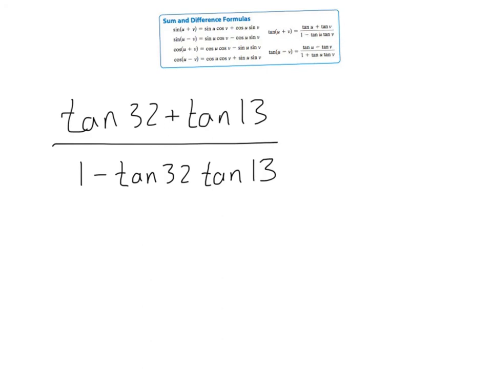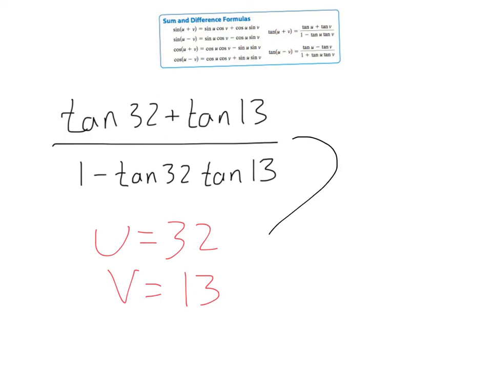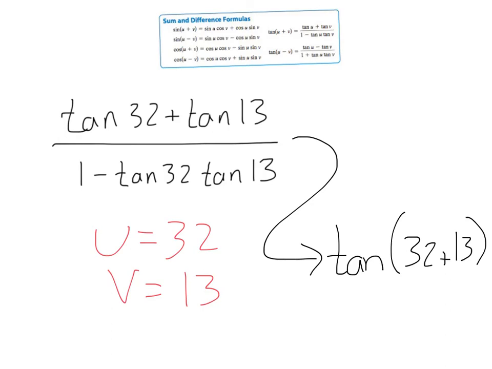And I notice that my u would be 32 and my v would be 13. Now, if I go backwards, tan u plus tan v over 1 minus tan u tan v, I get that equal to tan of u plus v. So I can take this and change it to tangent of 32 plus 13.